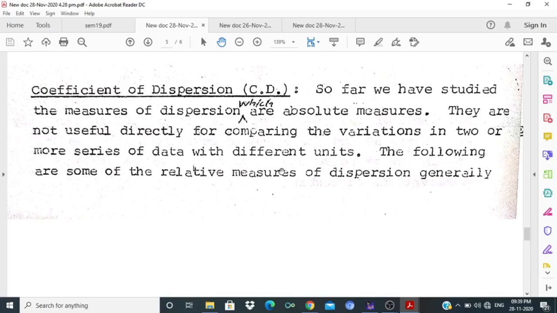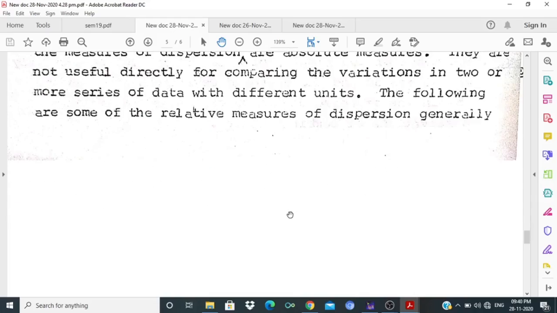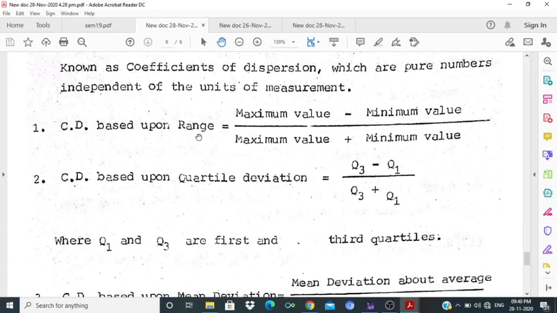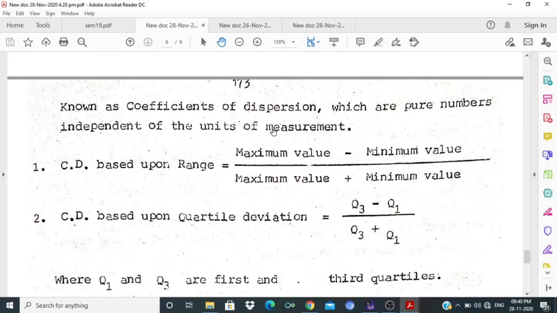So we cannot directly compare the measures. The following are some of the relative measures to compare different units of measurement. These are the coefficients of dispersion, which are pure numbers independent of units of measurement.